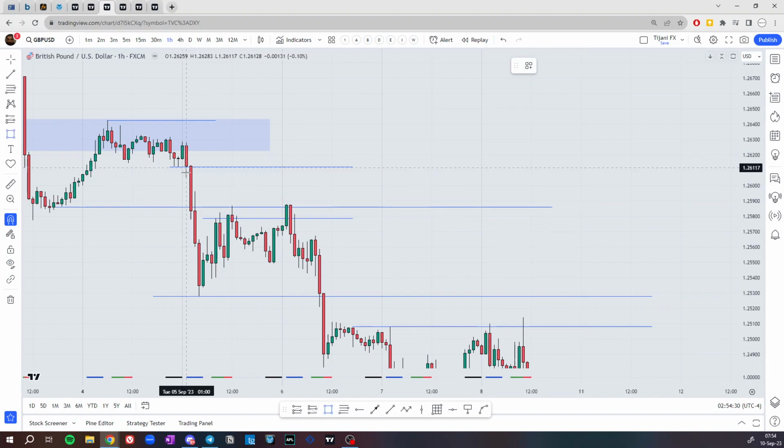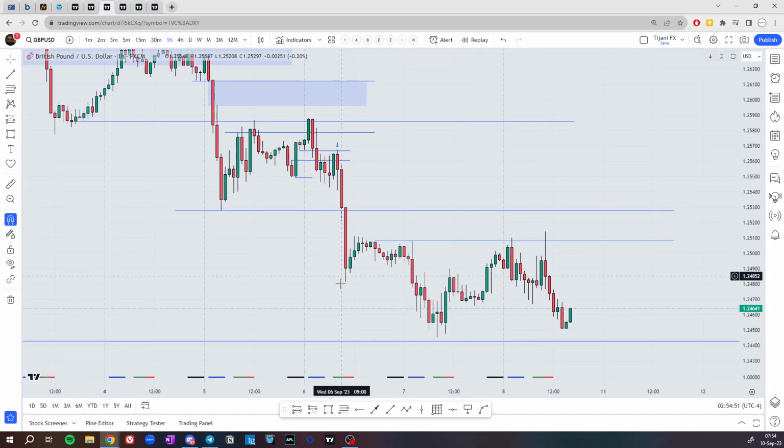Ideally, I was waiting for this 1-hour fair value gap right here to be filled, but as price has broken market structure below this low, there is no waiting for this 1-hour fair value gap, and my entry should be somewhere here at New York kill zone, entering here as a sell entry.